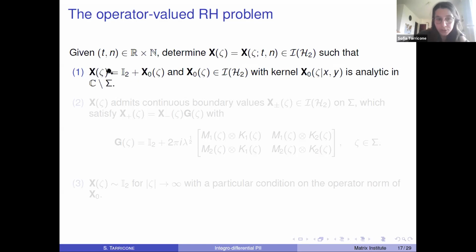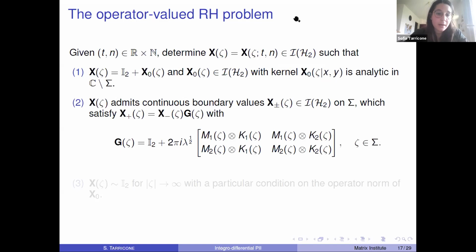So in particular, we want to be able to write our operator X as the identity operator on H2 plus some operator X0 that will be in the space of Hilbert-Schmidt operators acting on H2 with a kernel that is analytic for every value of zeta that is away from the contour. So this means essentially that the function that associates zeta to X0 of zeta, x, y should be an analytic function for every fixed x and y.